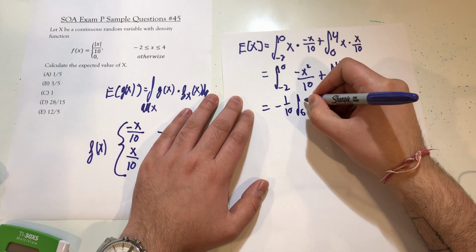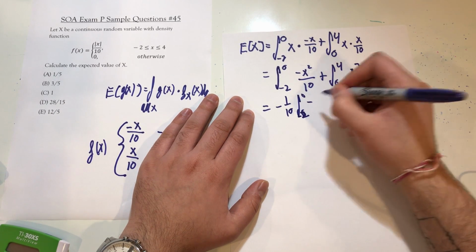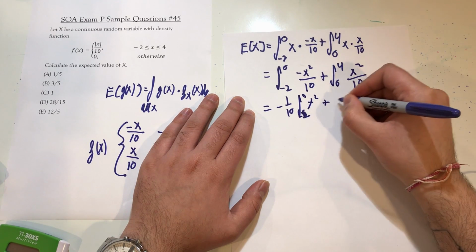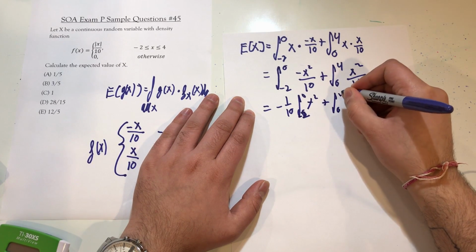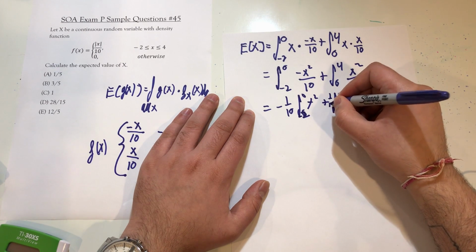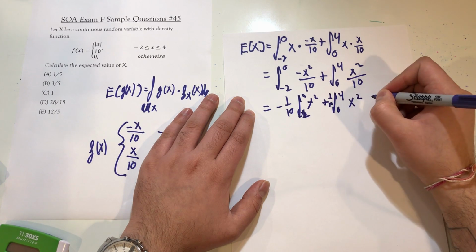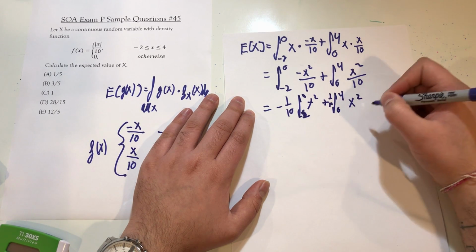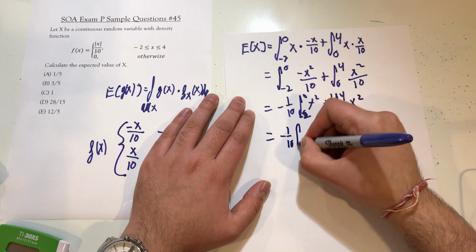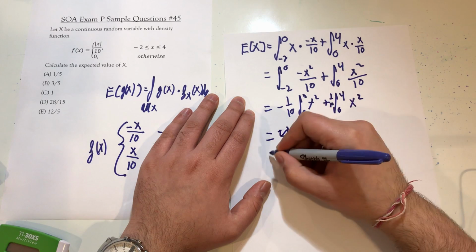This actually isn't a totally difficult problem, but I know when I film some of the other ones, it's going to suck. So we have the integral of x squared from -2 to 0, plus 1 over 10 times the integral of x squared from 0 to 4. Those are easy. So that's going to be negative 1 over 10. This isn't going to be here anymore.